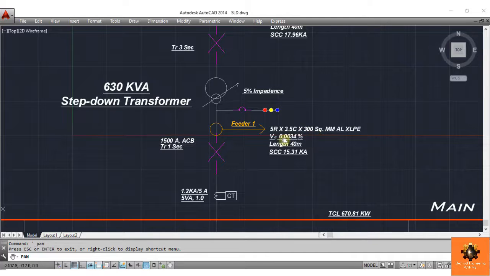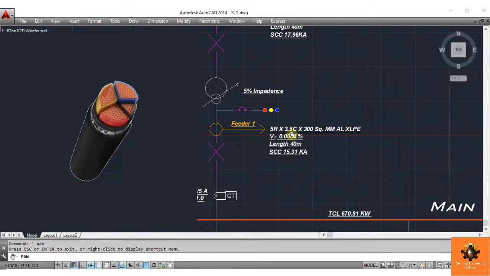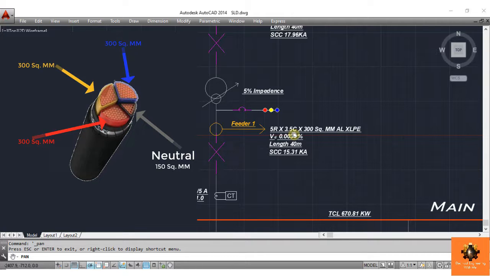Then 3.5 cores means that we require 4 conductors in a cable, where 3 conductors are used for the 3 phases RYB of 300 square mm size, whereas the 4th conductor is for neutral, and the size of this conductor is 0.5 times of the 300 square mm, which is 150 square mm. Clear? So this is the cable information for feeder 1.